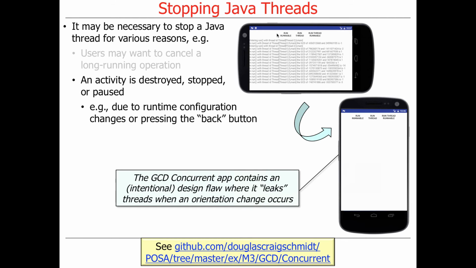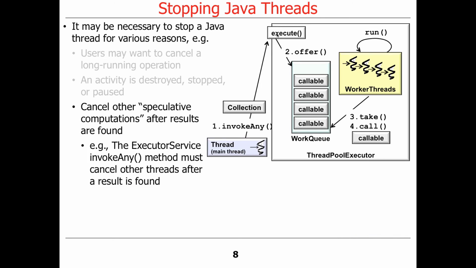Now, as we saw when we looked at the GCD concurrent app, I had an intentional design flaw where it leaked a thread when an orientation change occurred. When you changed the orientation, the thread was not shut down. It kept running, but we never got the output of it for anything. So it was just wasting resources unnecessarily. But the broader reason is that you've destroyed an activity or you've stopped it or something.